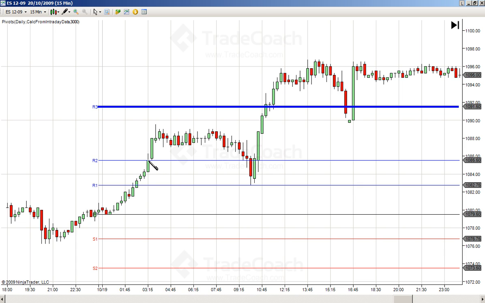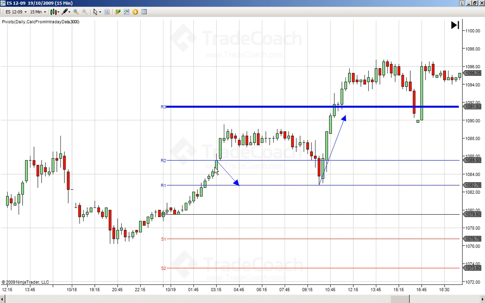Okay, this day I would have, when it got to R2, expected a bounce, and it broke right on through. And then it bounced off R1. So then I might think to myself, well, maybe R2 is not so reliable, but if it's been up at R2 and comes back, how often does it bounce off R1?